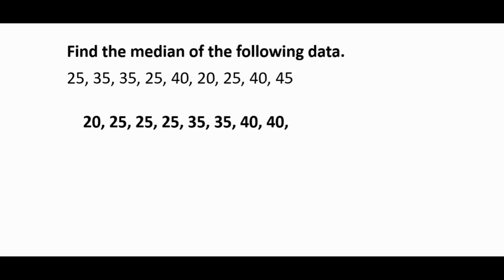If I only have 8 numbers in my data sample, what's the number in the middle? It's still 4 on this side and 4 on this side, which means the middle falls in between 25 and 35. To find the median when it's between 2 numbers like that, we take 25 and add it to 35.